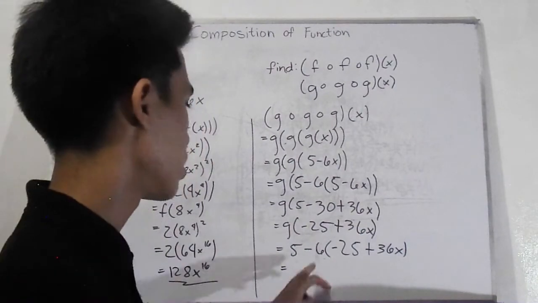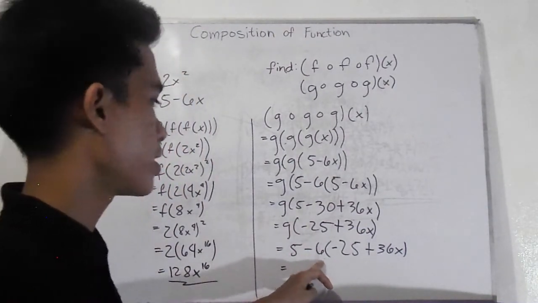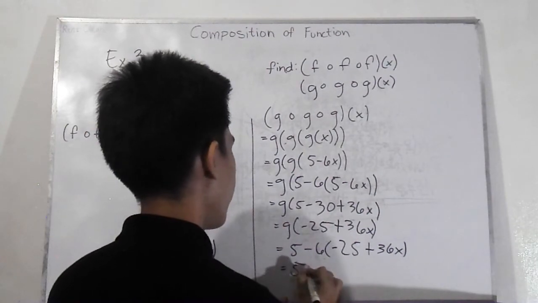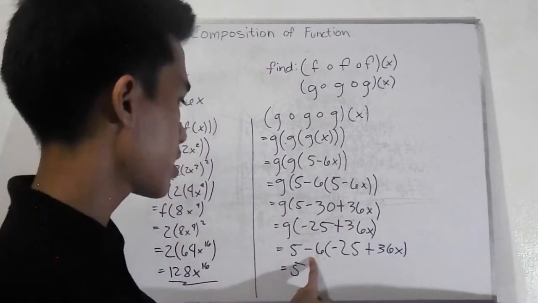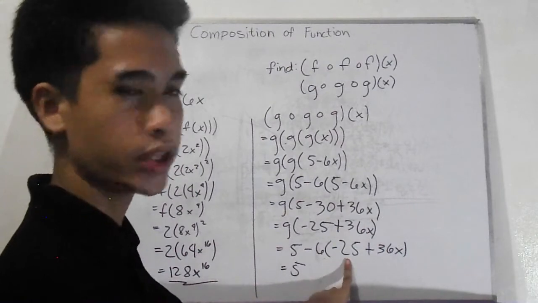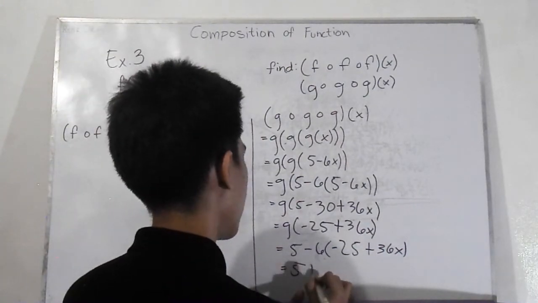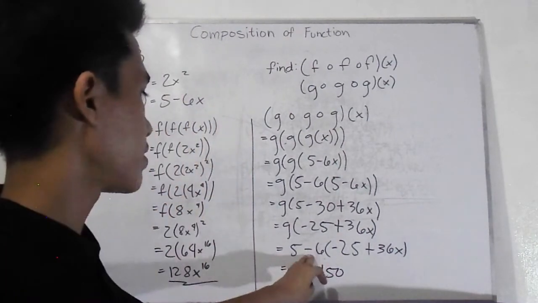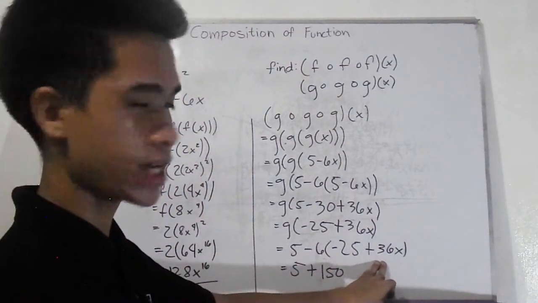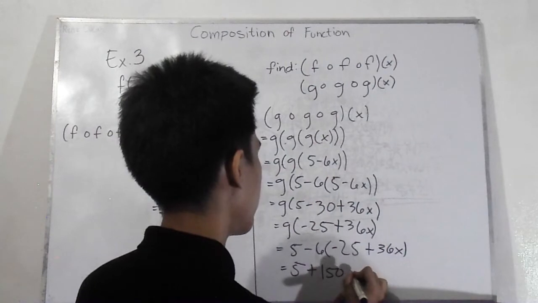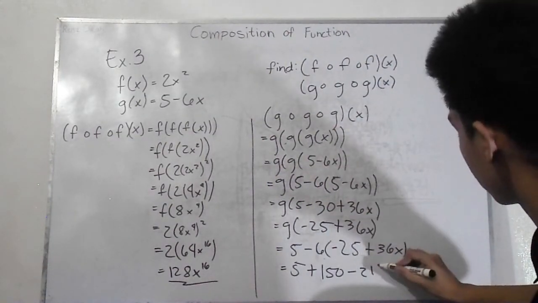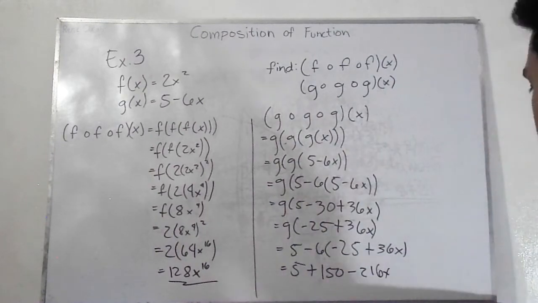So now this negative 6 will be distributed. So 5, negative 6 times negative 25 will be positive 150, and negative 6 times positive 36x will be negative 216x.